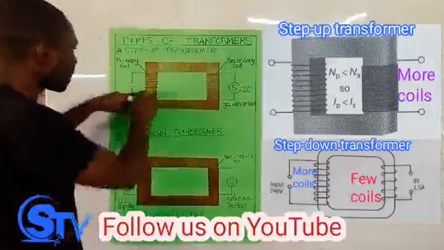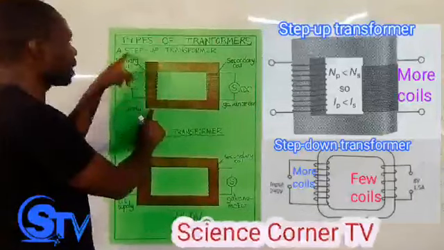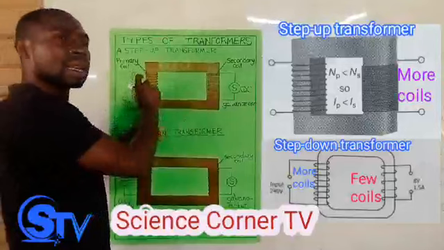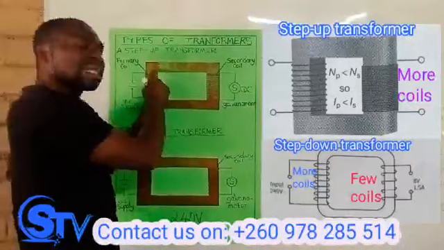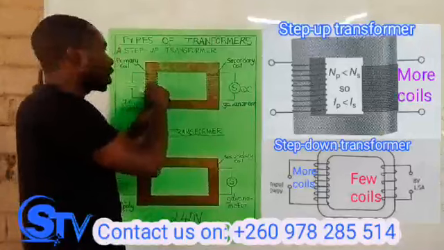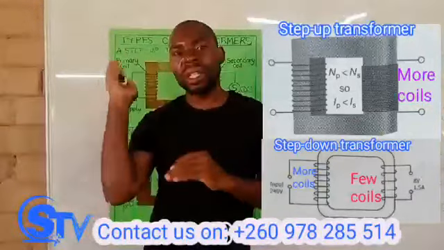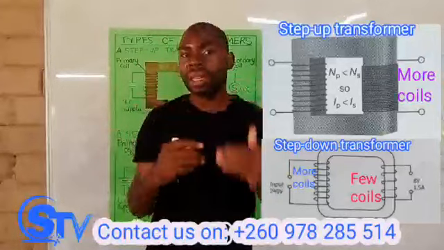The current is reduced in the step-up transformer just after the power plant, and the voltage is increased, meaning that the pylons that we see overhead have high voltage and low current.